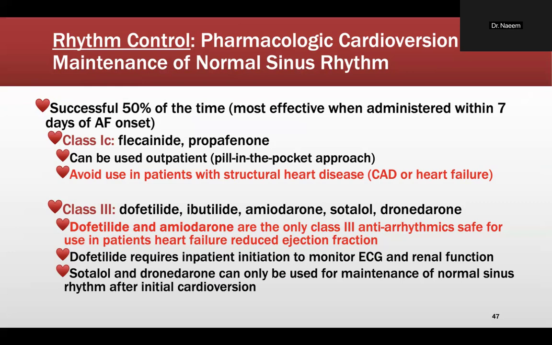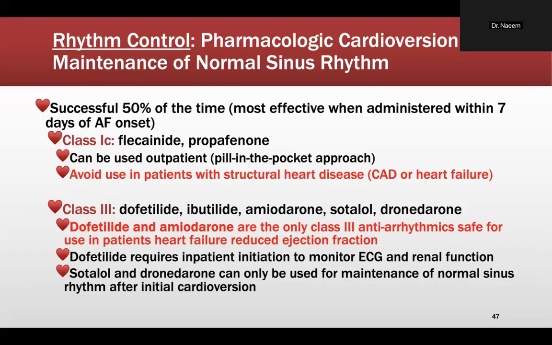The reason is because a lot of times these patients have underlying structural heart disease. So as you can see, flecainide and propafenone, which are in class 1C, are to be avoided in patients with structural heart disease. Like, that's a no-no.